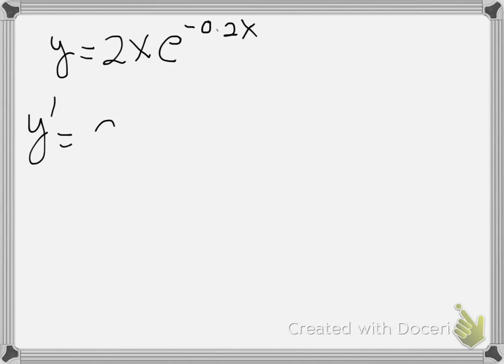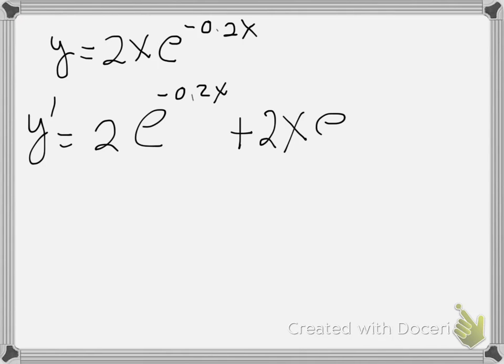Derivative of 2x is 2. e to the negative 0.2x we're going to leave alone. Plus, we leave 2x alone this time. e to the negative 0.2x times the derivative of negative 0.2x, which is negative 0.2. And I'd be tempted to leave it just like that.